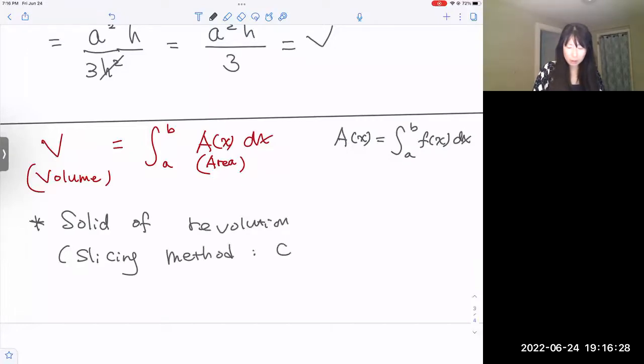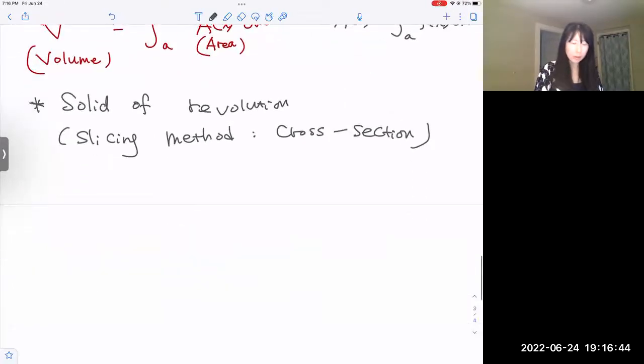Same as cross-section. Some books indicate the cross-section. So your book indicates the slicing method. Okay. Look.